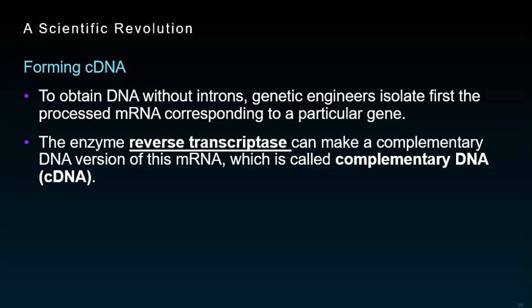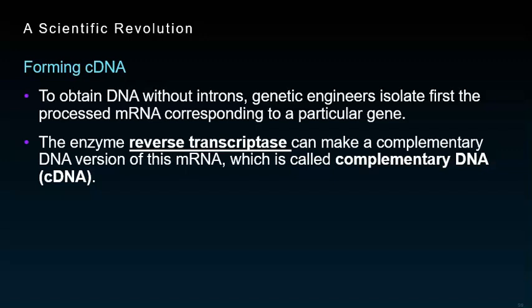So forming our complementary DNA. To obtain DNA without introns, genetic engineers will first isolate the processed mRNA corresponding to a particular gene. So first, just get that piece of information that you need from the mRNA. And the enzyme reverse transcriptase can then make a complementary DNA version of that mRNA, which is called complementary DNA.